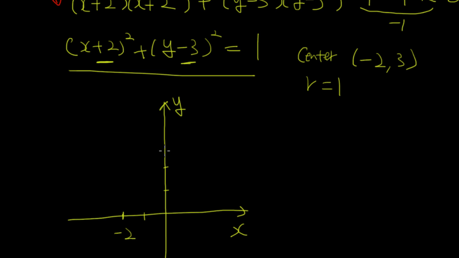So the center's right about here, right? -2 and 3. And what's the radius? 1. So it's a little easier. Go up by 1, right, left, down by 1. So the small circle like this.